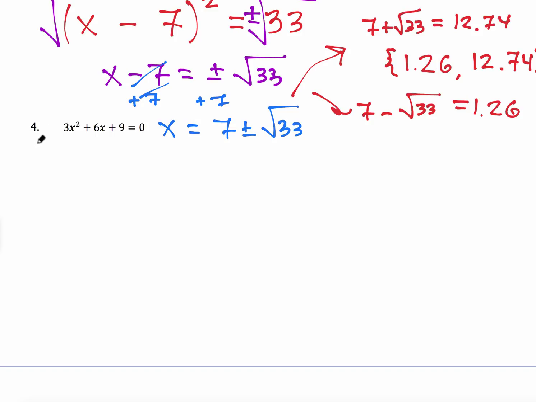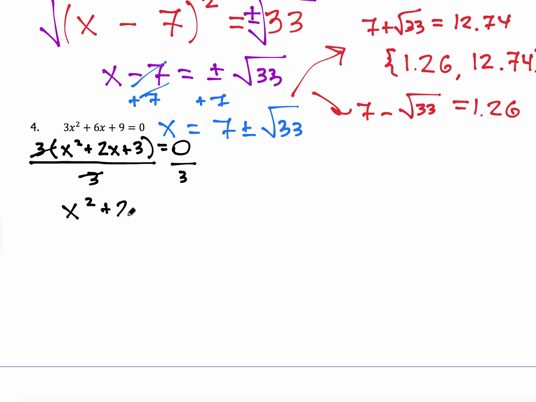So if I do that, take out my GCF, then I'm left with x squared plus 2x plus 3 equals 0, and then I can divide by 3, and then I just get x squared plus 2x plus 3 equals 0 as my new equation. Okay, so now we can do completing the square on this equation here.